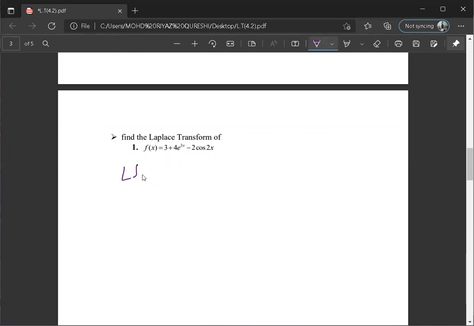Laplace of f of x equals 3 is a constant, pulled out, Laplace of 1, plus 4 is a constant, by the linear property pulled out, Laplace of e to the power of 3x, minus 2 Laplace of cos 2x.